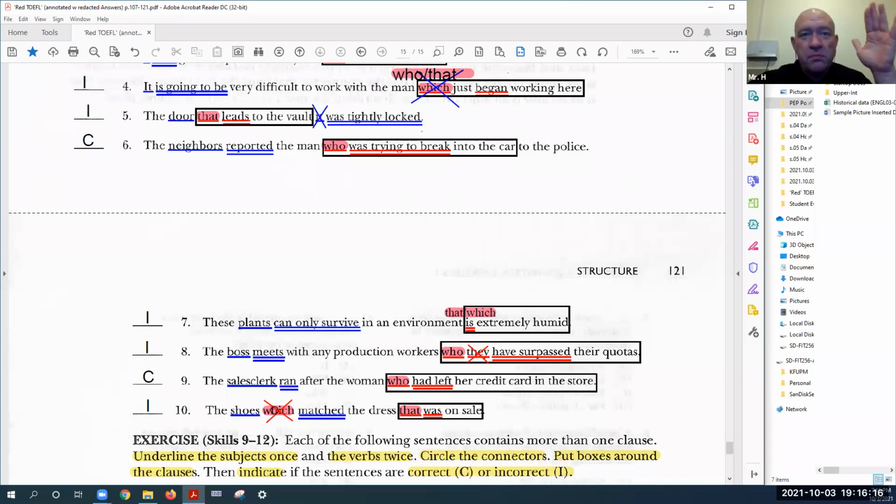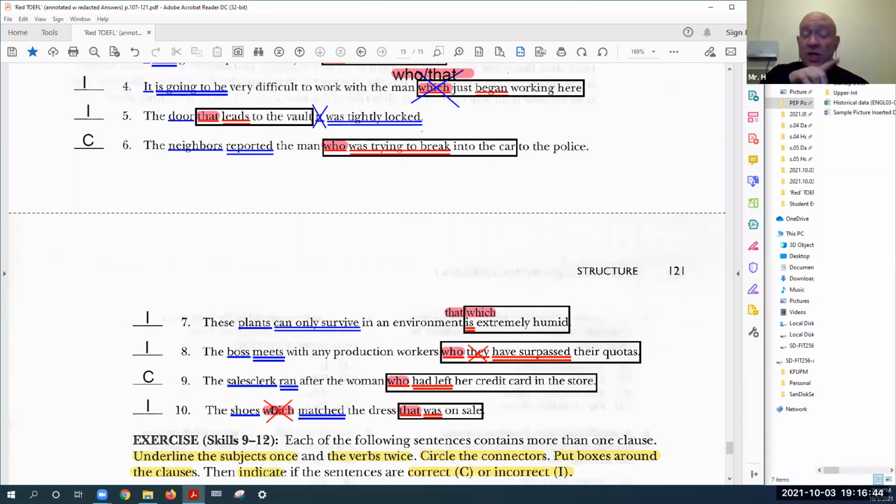The shoes matched the dress that was on sale. Because I thought about that. That's a very good point, Arkobi. It's possible we keep the connector which, the shoes which match the dress.